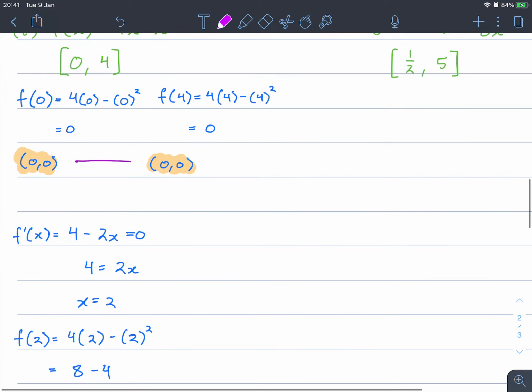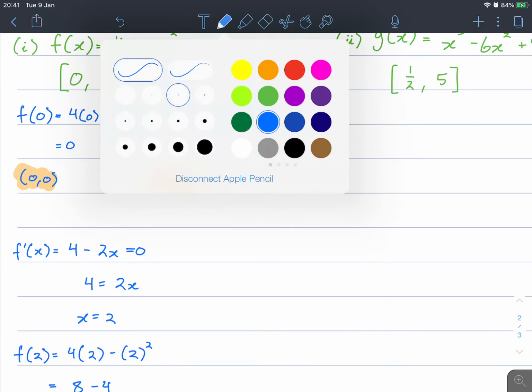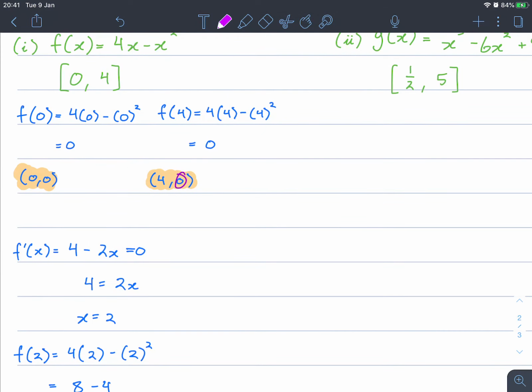And these 2 points collectively, because they are the exact same points, oh sorry, they shouldn't have been 0, 0. This should have been 4, 0. Glad I caught that. These 2 points have the same lowest values being 0. So that must mean these 2 points, both of them, both are global minima. Global min.